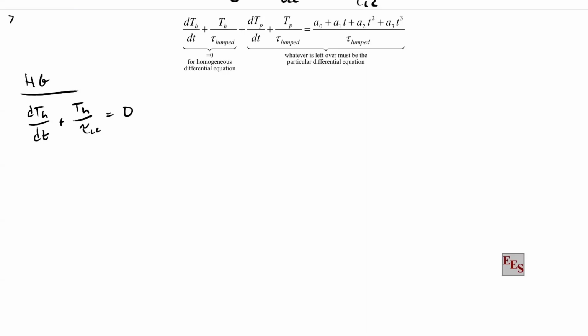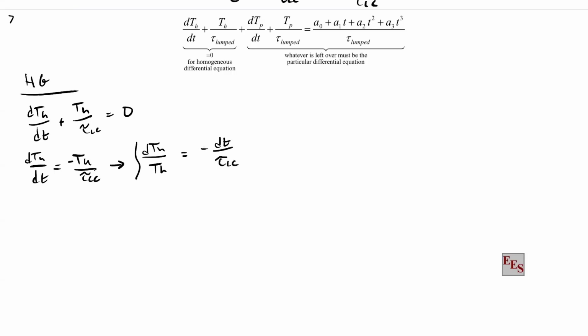It turns out this is a separable equation, so we can write dTh/dt equals minus Th over tau LC. Separating it out, we have dTh over Th is equal to minus dt over tau LC. Hopefully you see how I got that.